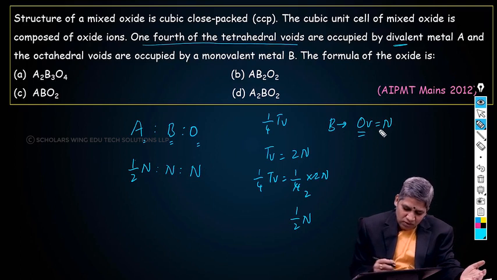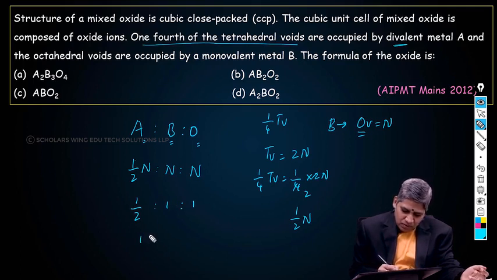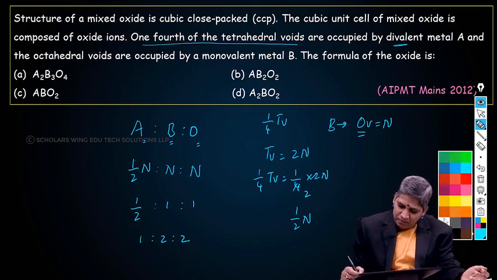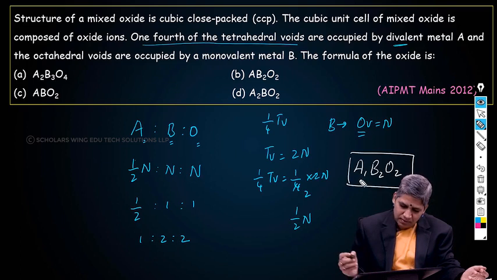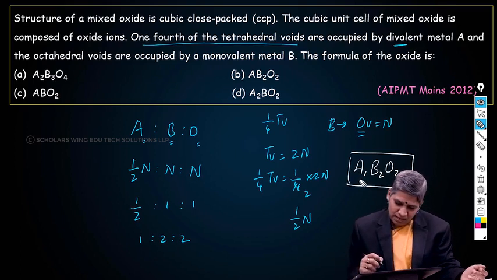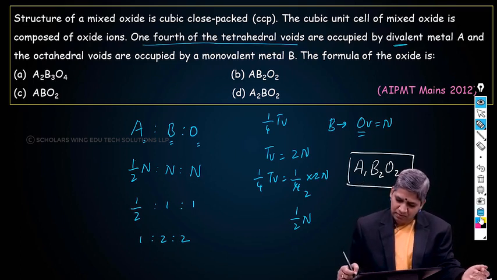Therefore, A is now half N. If you cancel off N, it is 1 is to 2 is to 2, isn't it? Therefore, the right answer will be A1, B2, O2. Where is it, my dear? A1, B2, O2. Isn't it B? Yeah, here.